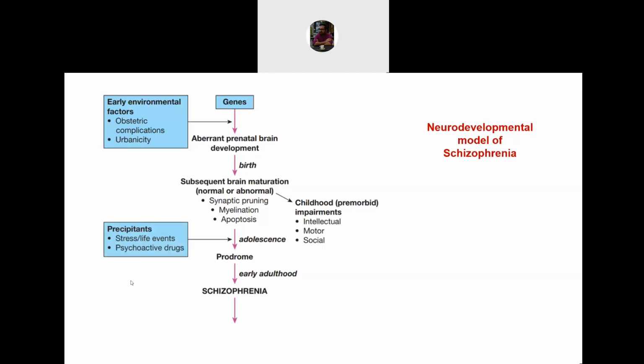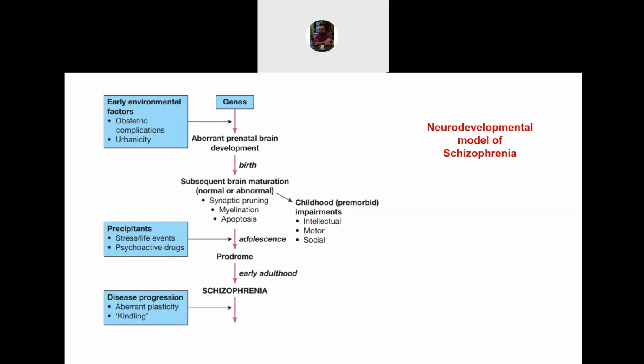During adolescence, a precipitating factor can be a stressful life event or psychoactive drugs like cannabis. And in adulthood, there may be continuing abnormal plasticity or long-term potentiation of the neurons forming abnormal connections, which is called kindling, very similar to epilepsy. And this can cause progression of the disease.